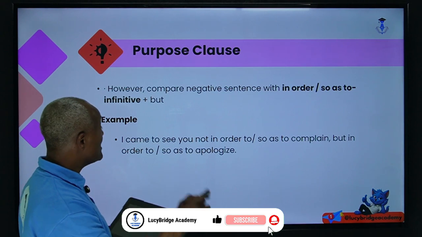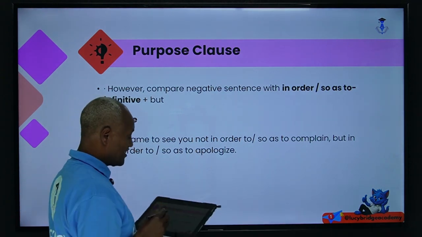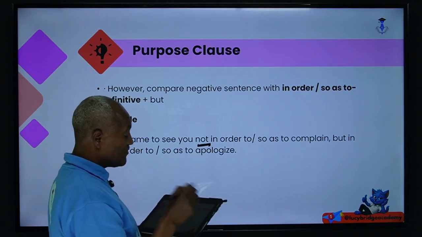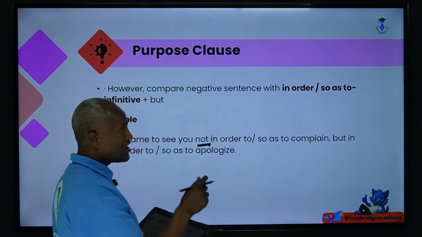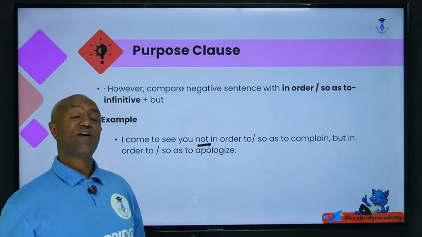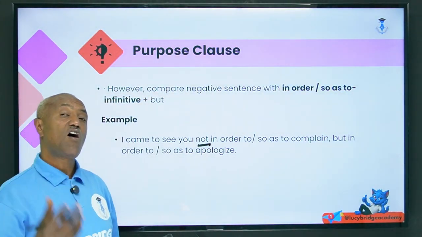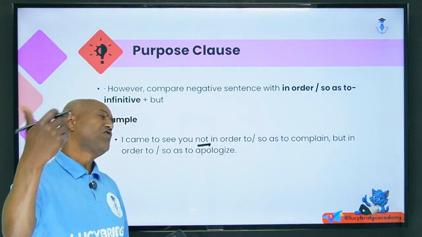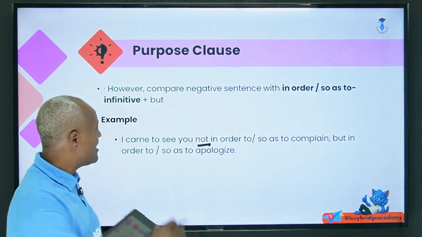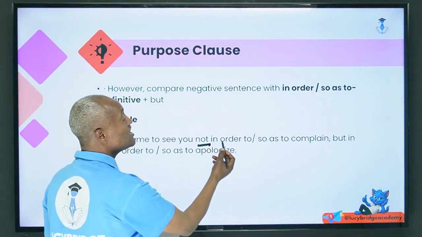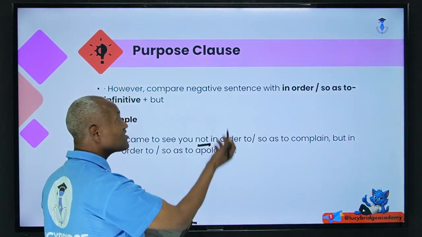Not comes before in order to, or before so as to. Because I told you previously, when we want to make negative purpose with in order and so as, we say in order not to and so as not to. But here, this is another structure or pattern. I came to see you not in order to. It's not like the previous.